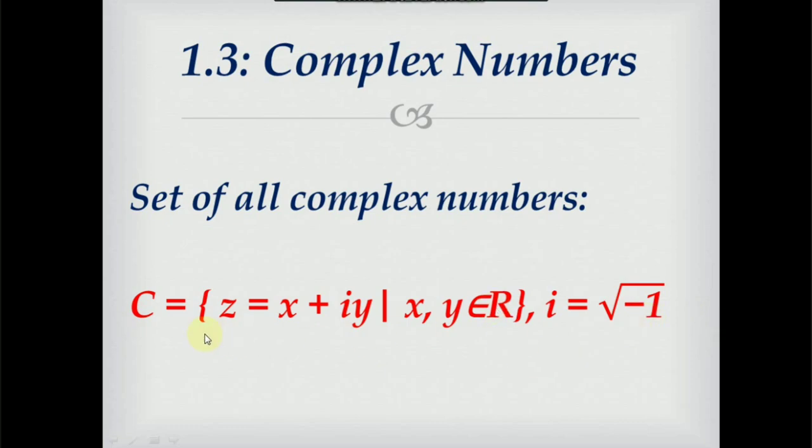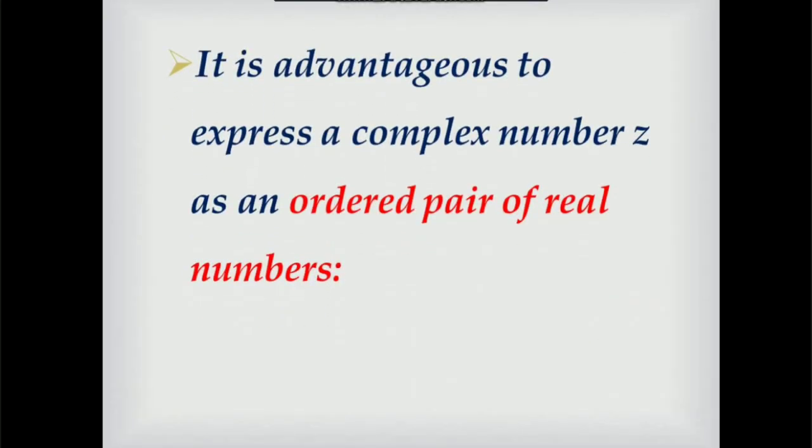In this way, any number of the form z = x + iy, where x and y are real numbers and i = square root of -1, that is an imaginary number, is called a complex number. It is advantageous to express a complex number z as an ordered pair of real numbers.